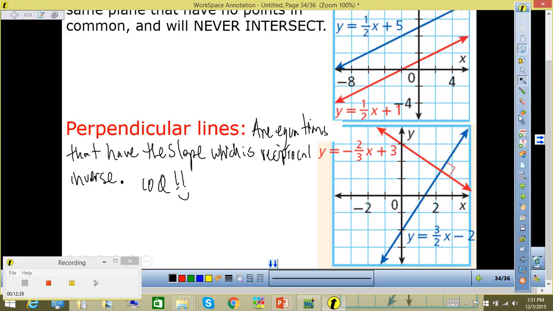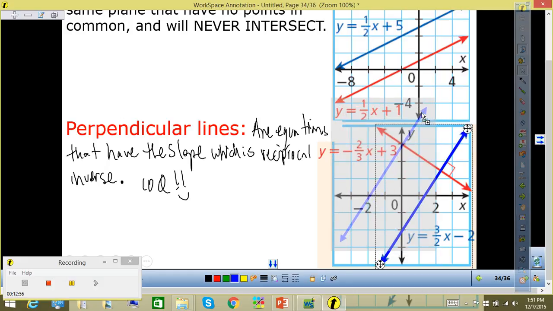Now check this out. Let me give you an example of the y-intercept being the same. Watch. Does everybody see how the red crosses right here? Yes? Are these still perpendicular?